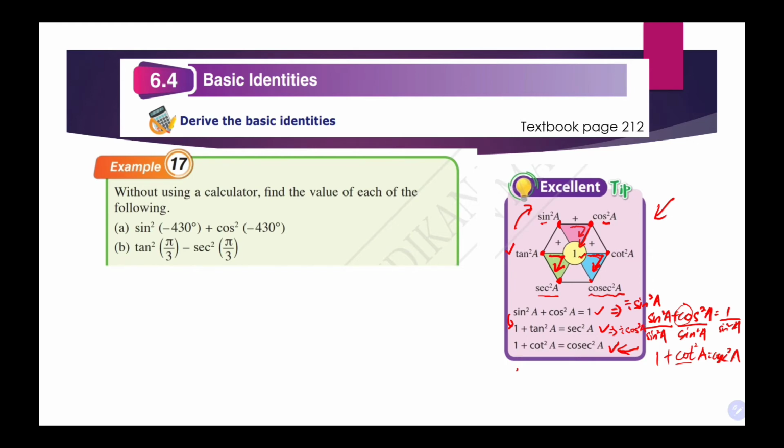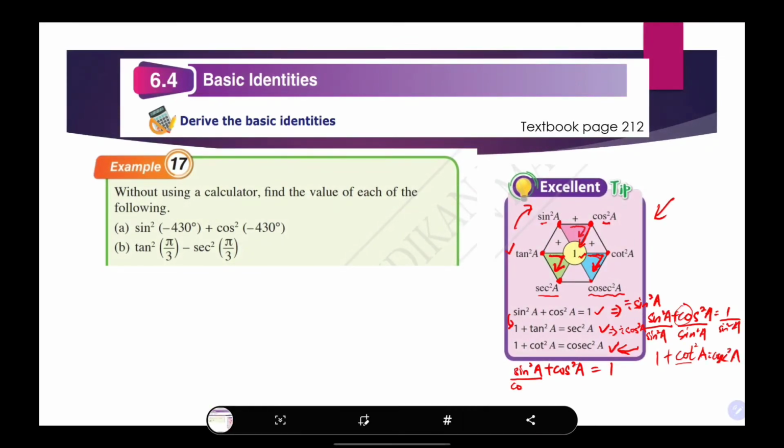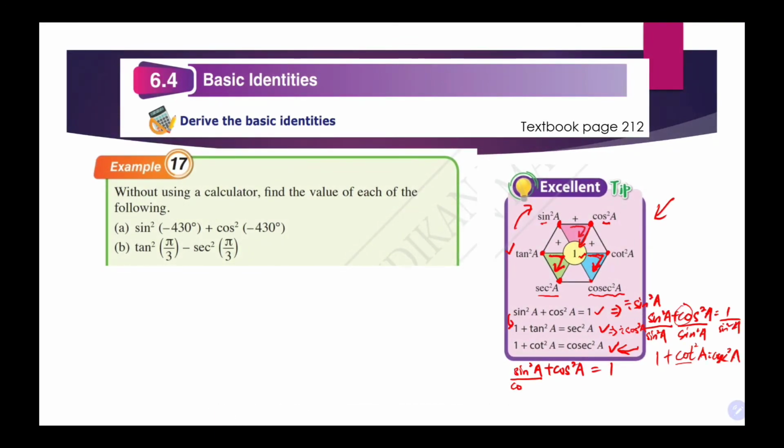From sine square A plus cos square A equals 1, I divide each term by cosine square A. I will get tangent square A plus 1 equals secant square A. So you will see this here.